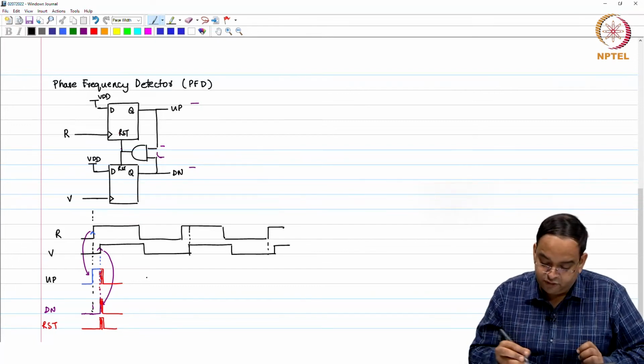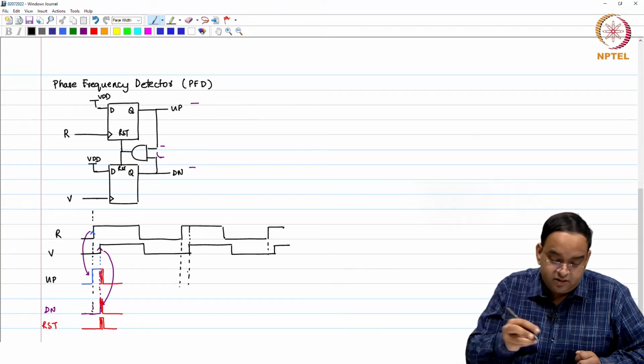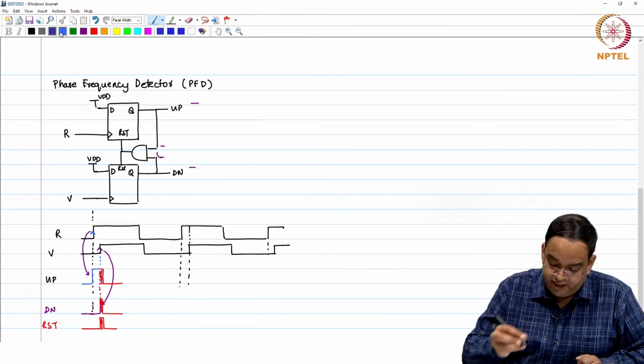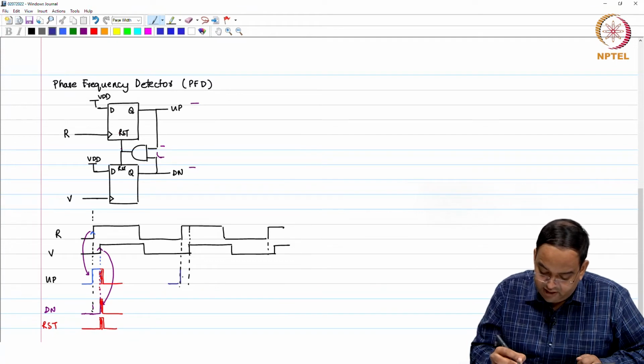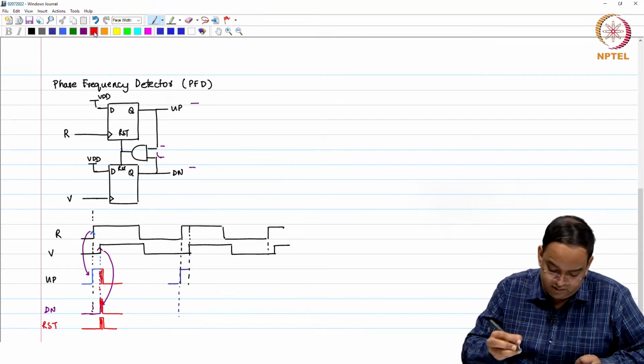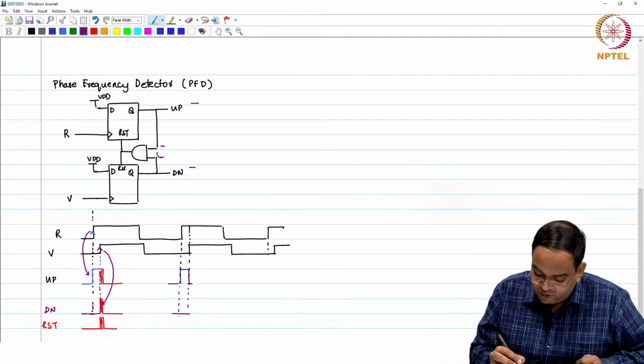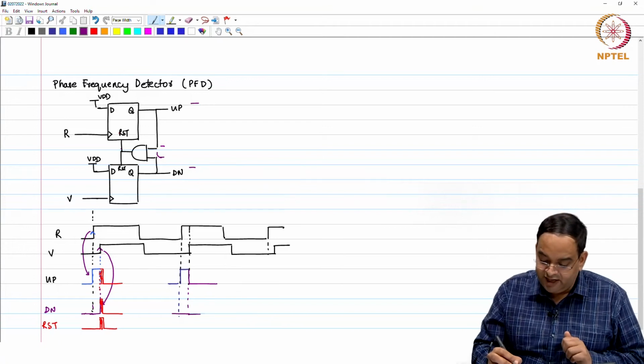One exaggeration for this, I will show you on the other edge: my up signal goes high here, and as soon as I get my rising edge on the V signal, my down signal goes high and the up signal also comes low. This is the exaggeration.